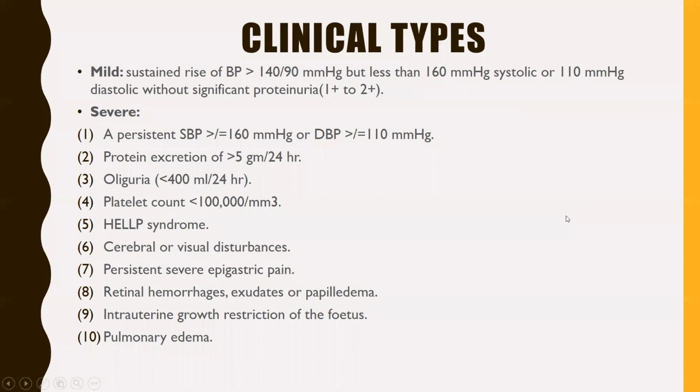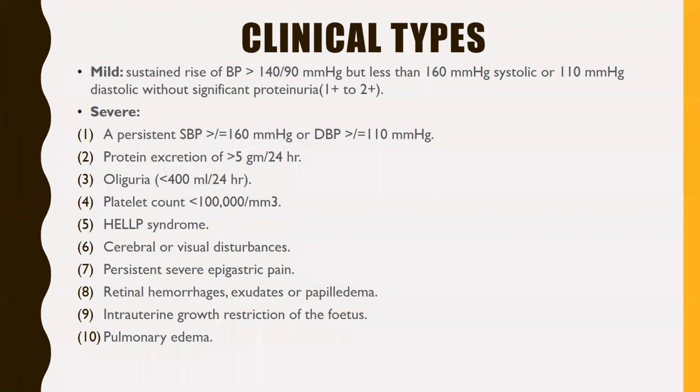So preeclampsia can be classified into two: mild preeclampsia as well as severe. In mild preeclampsia, the blood pressure reading will be between 140 over 90 to 159 over 109 millimeters of mercury.